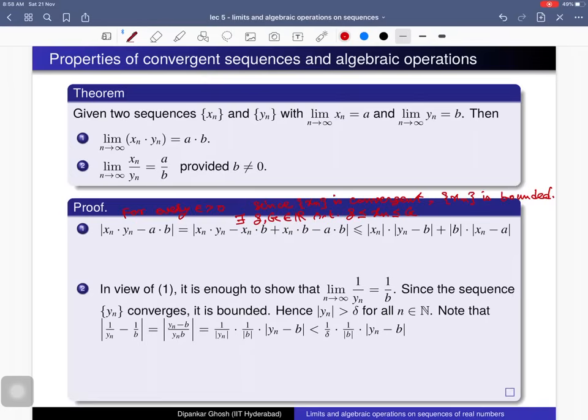If we draw the picture here, we can conclude this holds true for all n in the set of natural numbers, and it is equivalent to saying that there exists a positive real number m such that the absolute value of the nth term is less than or equal to m for all natural numbers n.